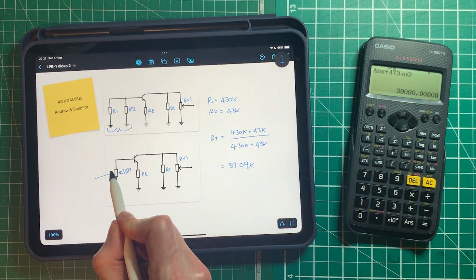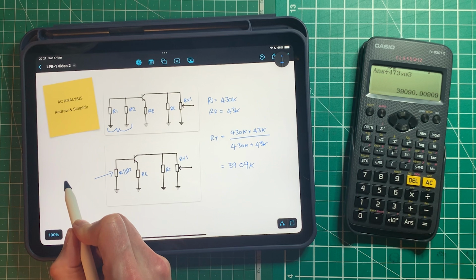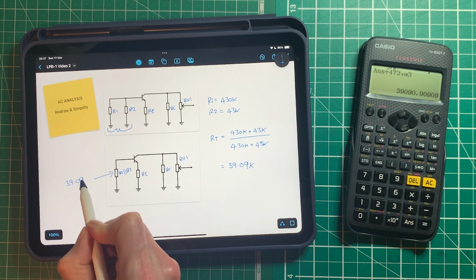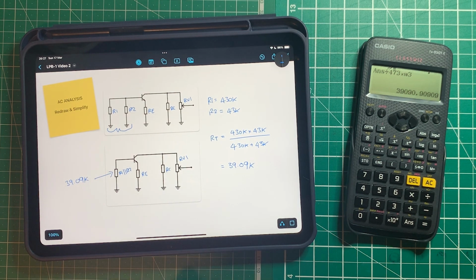So this resistor here is 39.09 kilo ohms.